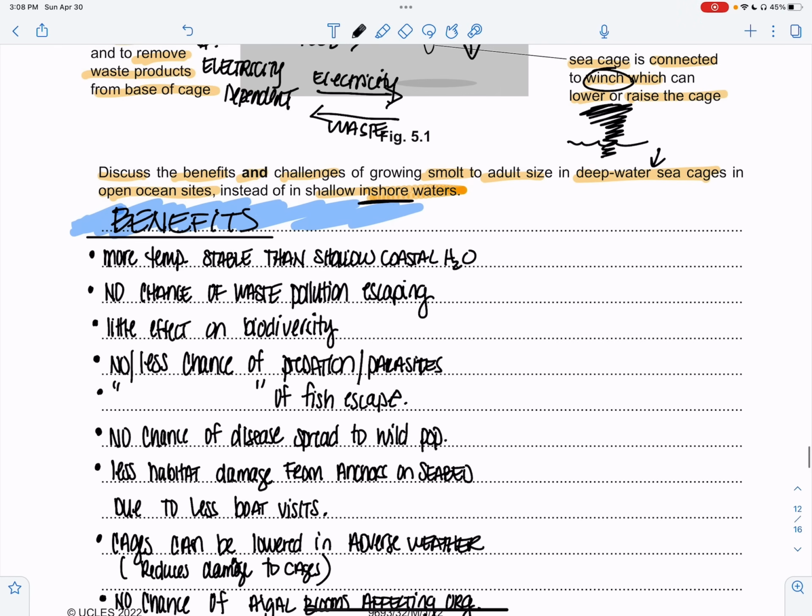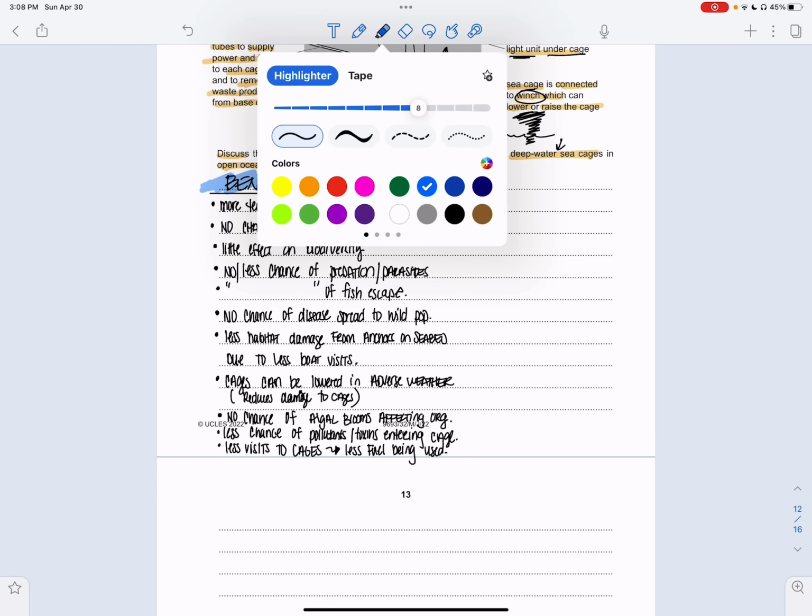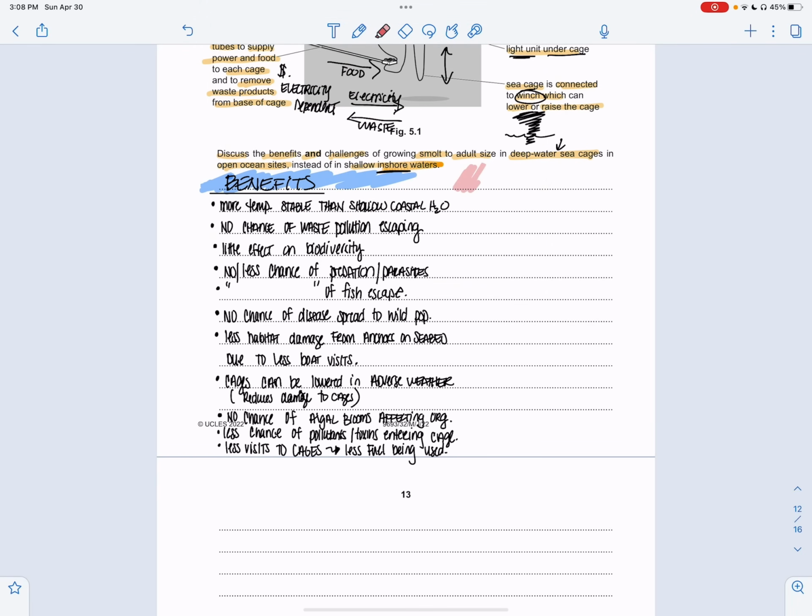So there's our benefits. And then I'm going to try to put it over here, the challenges, just so it's on the same page. And if you haven't seen any of my other videos, something that I do mention, you could always do a T-chart in situations like this. Here you'd have benefits and here you'd have challenges.